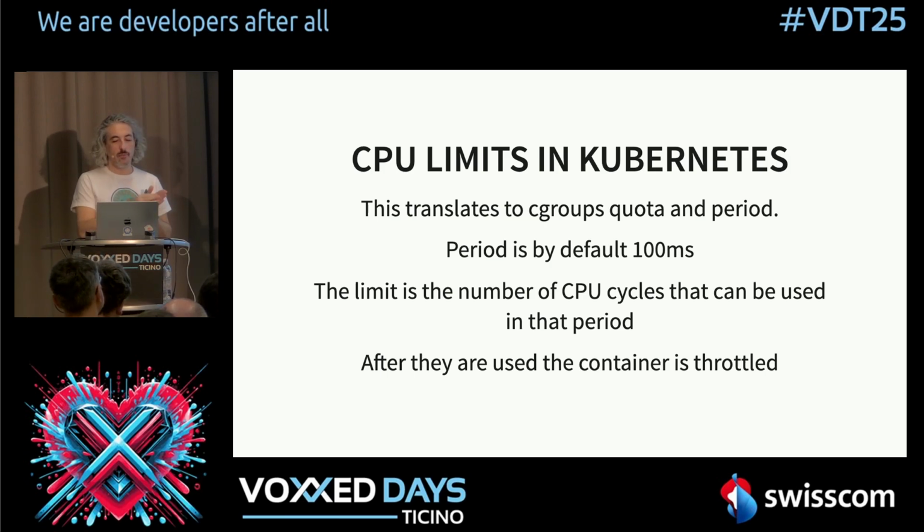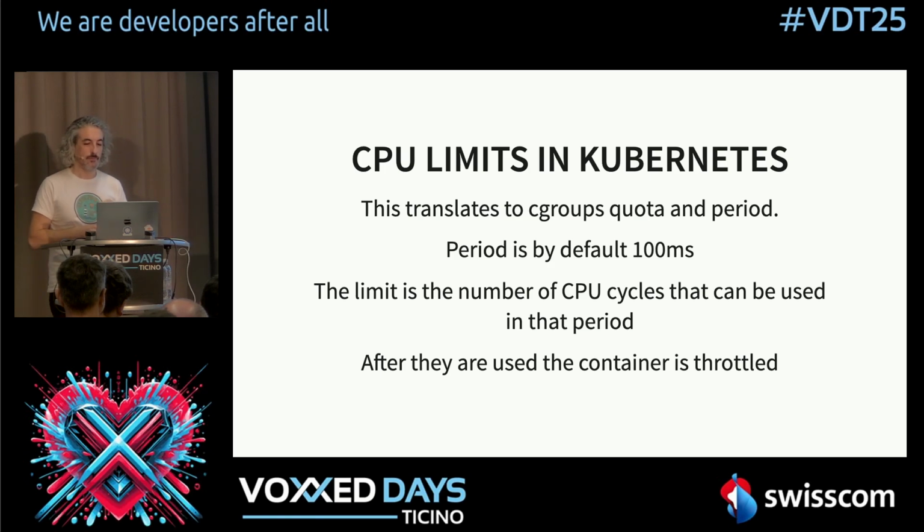This uses the cgroups period. The period by default is 100 milliseconds. And the CPU limit you set in Kubernetes means the number of CPU cycles that can be used in that period. And after you run out of those cycles, your container is throttled.